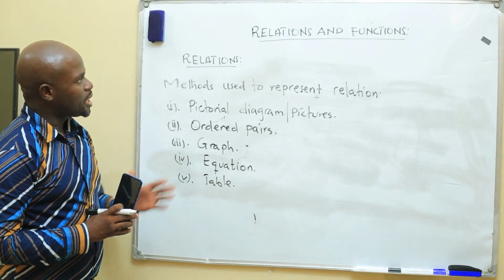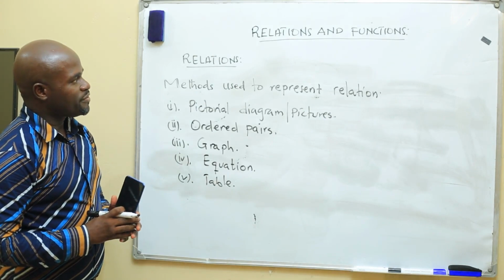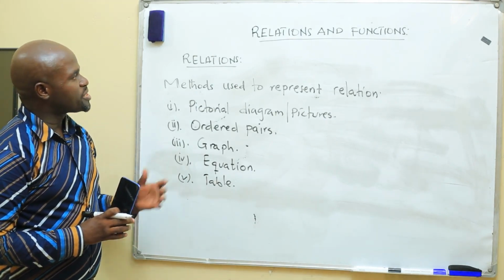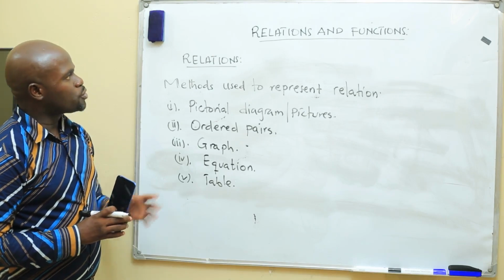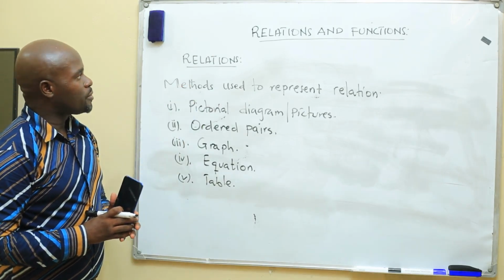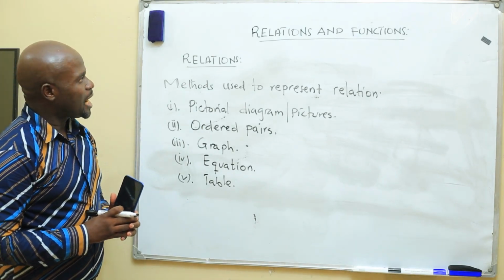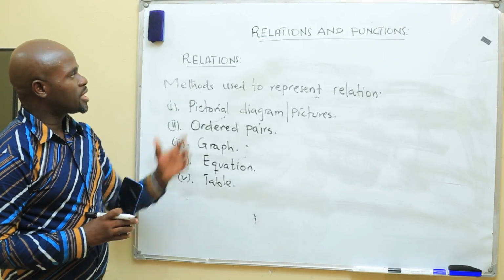Now, after relation, let us move to see the function. What is a function? How can we represent a function? How does a function differ from a relation? The similarities and the differences of relation and function.